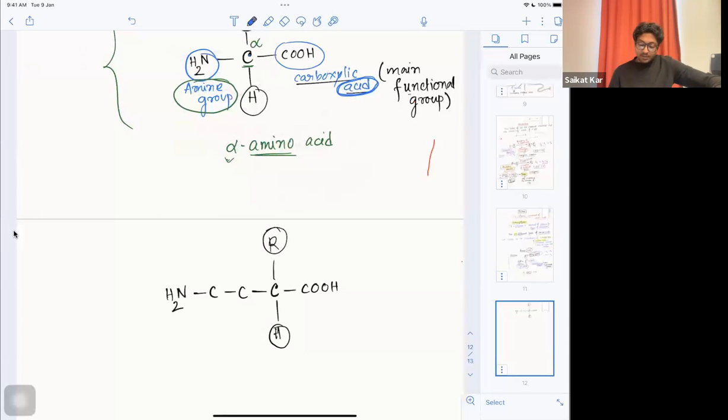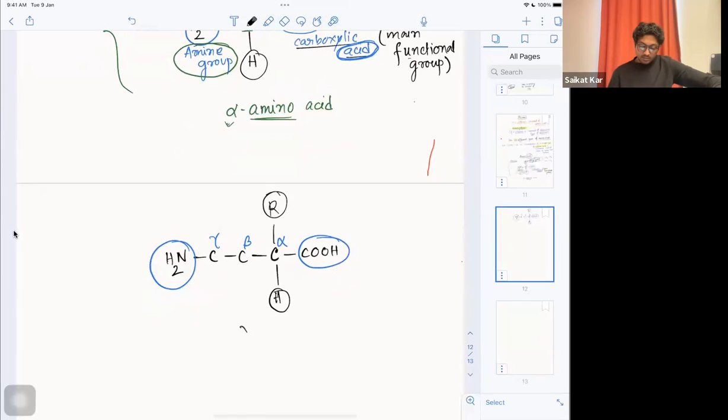Now the main functional group is COOH, and the carbon adjacent to the COOH is alpha carbon, and this carbon is beta carbon, more away from COOH. And the third one is gamma carbon. Now the amine group is attached to gamma carbon. Now we can call it gamma amino acid. You just add H, H.